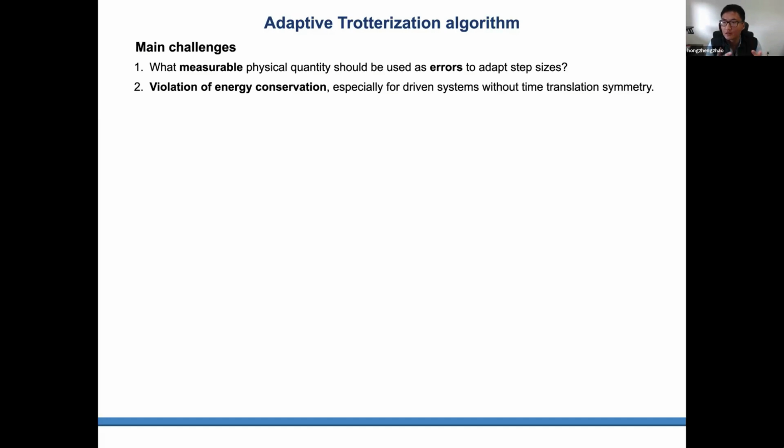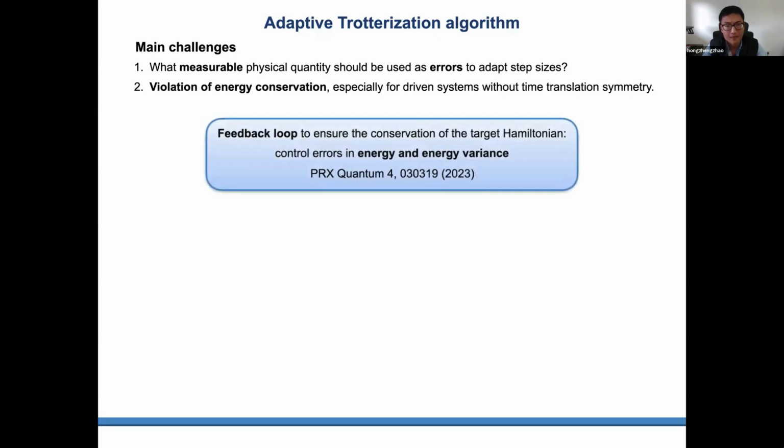But for Floquet or Trotterization with a fixed step size, this is okay, because you can always have some quasi-conservation law of energy itself. But if you now think about Trotterization with adaptive step size, you actually don't have this discrete time translation symmetry, and naively you would believe that it causes more heating problems and destabilizes your algorithm.